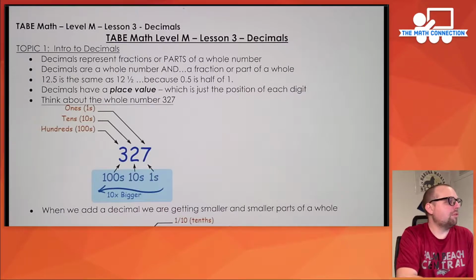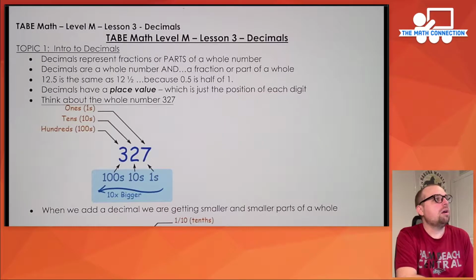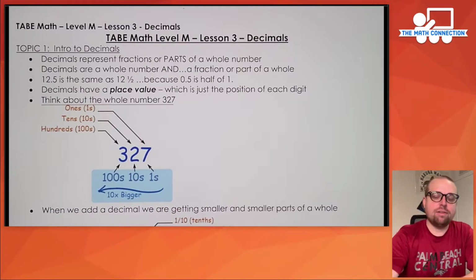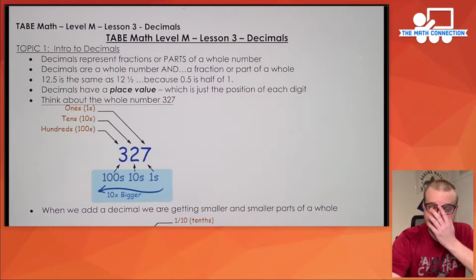Oh, we have four more things. Wow. Okay. So actually, there's a little bit more inside of level M. We're also going to be talking about measurement, graphs and charts, lines and angles, and basic statistics. And then actually, I misspoke. The next thing after this would be level D and then level A. So moving right along, we're progressing right through. We have plenty of time to get through everything that we have to in this course.